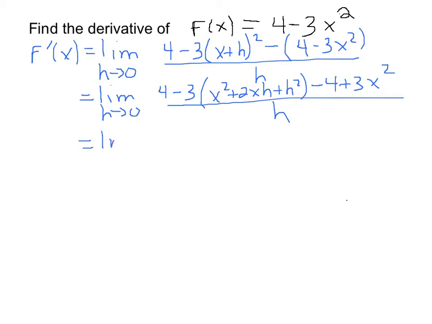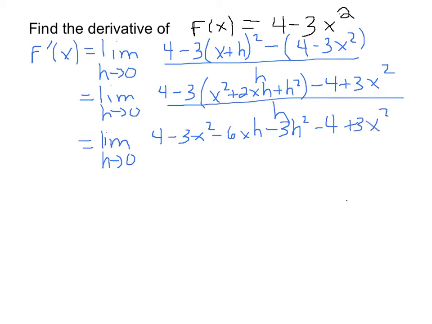So continue simplifying. The limit as h approaches 0, 4 minus 3x squared minus 6xh minus 3h squared minus 4 plus 3x squared, divided by h. So we get some terms that are going to zero out. The 4 and the minus 4, negative 3x squared, positive 3x squared. And what I'm left with is the limit as h approaches 0. Notice everything that's left has an h in it, so I'm going to factor out the h.